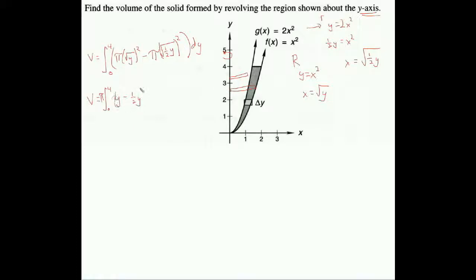Well, that's even simpler because those are like terms, so we have y minus half y, which is 1/2 y. Subtract those and you get 1/2 y. This is a constant, so we can actually bring that half out. So we have pi over 2 times the integral from 0 to 4 of y dy.